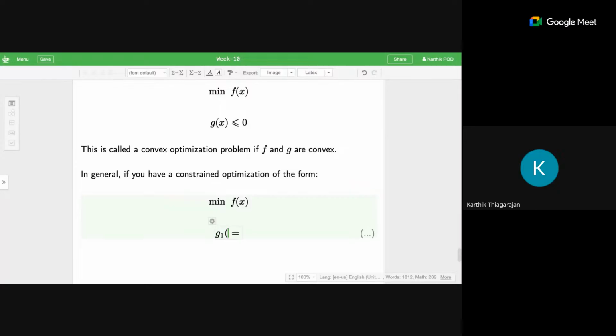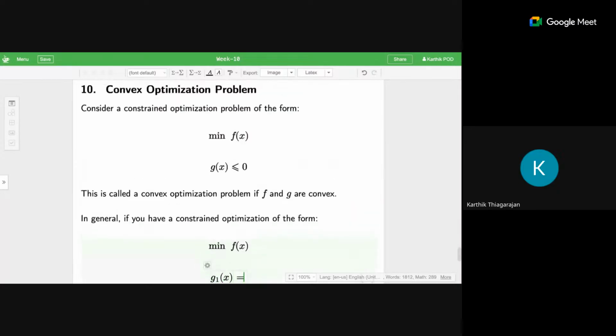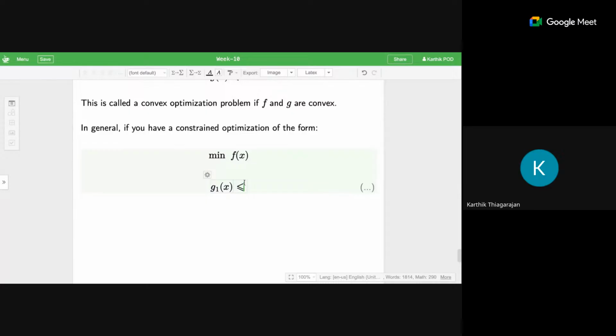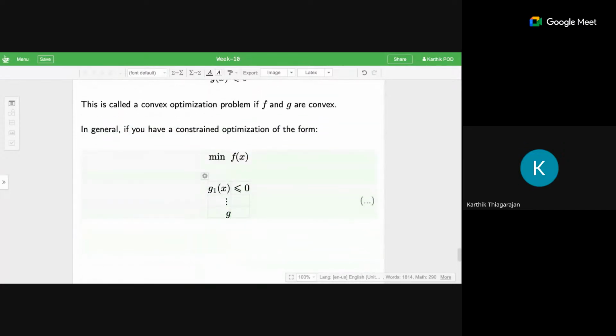Maybe you have g1 of x less than or equal to 0, and so on and so forth, till gm of x less than or equal to 0.